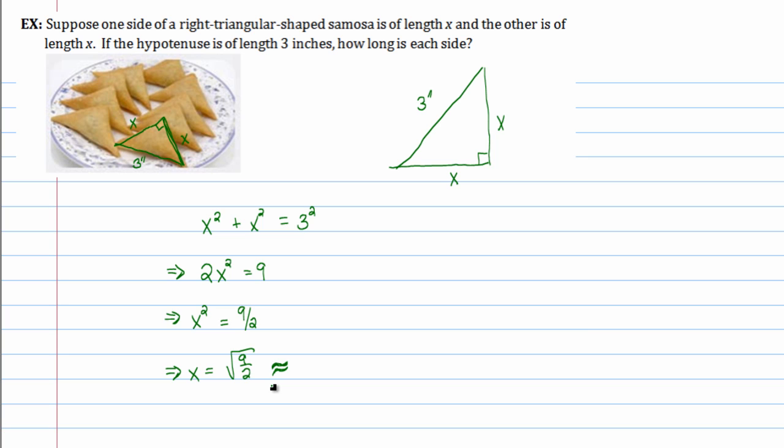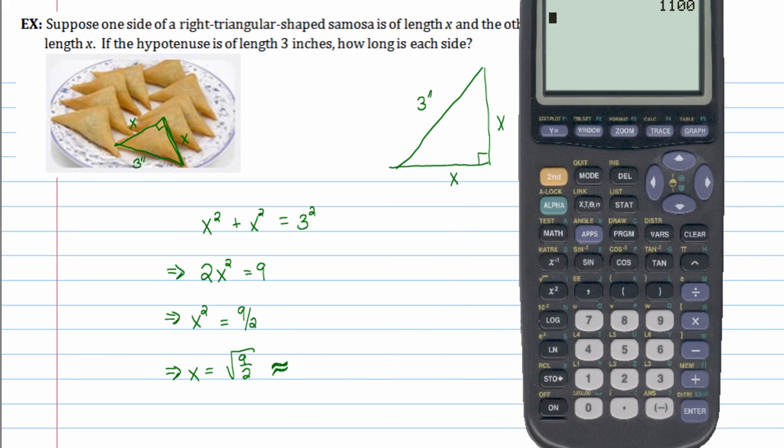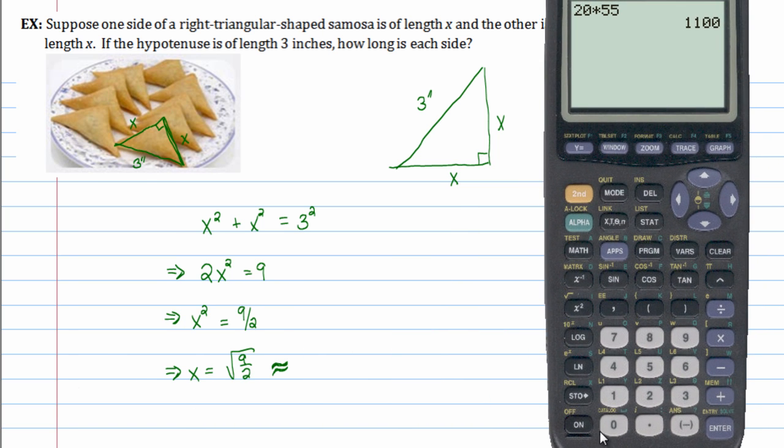So you grab your handy dandy calculator, whichever calculator you have. I have a calculator like this. I'll clear off the screen, and then you just type in the square root of 9 divided by 2. You get 2.12, and we'll just round it to the nearest hundredth. So 2.12, roughly.